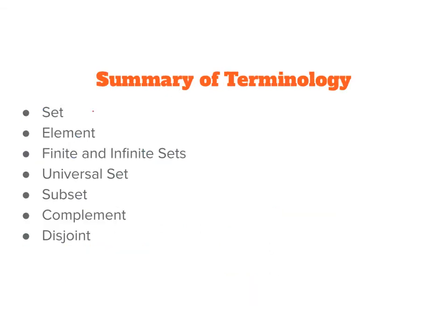So we had sets, which is a group of objects that are distinguishable from each other. So the vowels, for example, A, E, I, O, U. That would be a set. An element would be one specific item from the set. So that could be A. This is a finite set because it has a limited number of items in it.